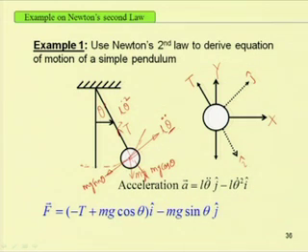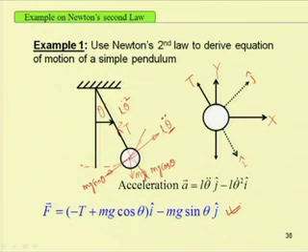As this direction is taken positive j, this is negative j. So, this equation becomes minus T plus mg cos theta i minus mg sin theta j. So, this is the external force acting on the system.